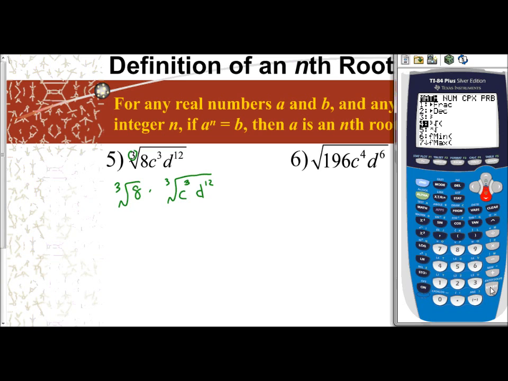We'll do cube root first. So I have the cube root of 8, and I hit enter, and I know it's 2. But what if it were 4th root or 5th root? How would you go about that? And so what we're going to do here is hit our 3, then Math, and then go down to x root.